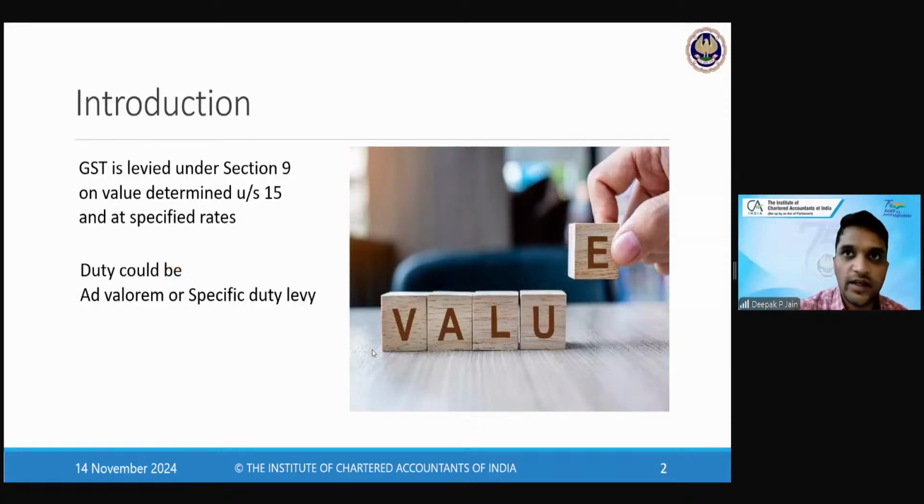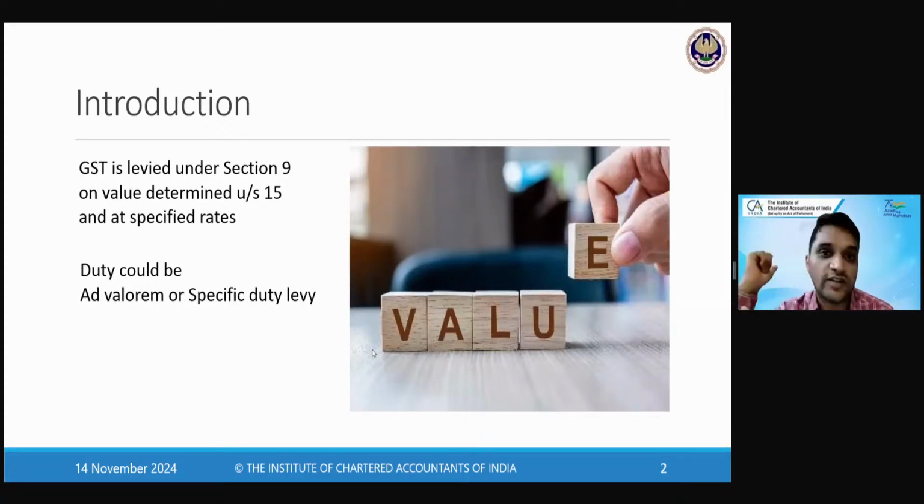In case of certain goods, it could be on the value of the goods, some percentage. That is called ad valorem. And when it is specific duty, it means that if it is on a particular machinery, like central excise was on cigarettes, it was not on the value at which you will sell the cigarettes.